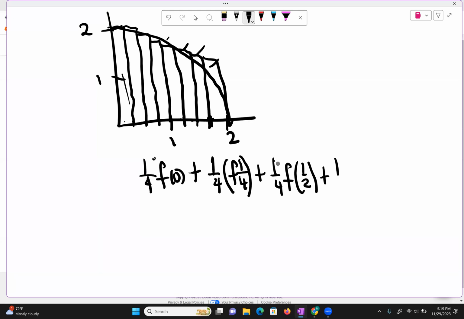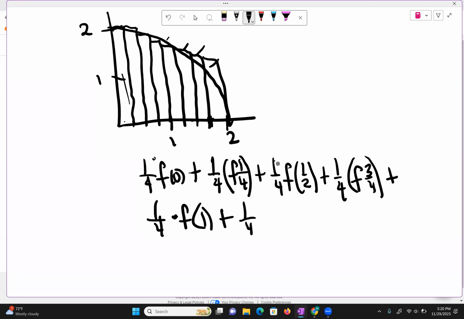plus 1/4 of f of 3/4 plus 1/4 times f of 1 plus 1/4 of f of 5/4.